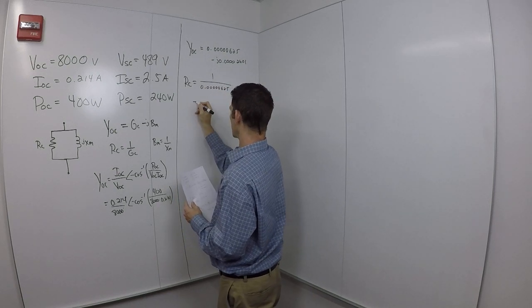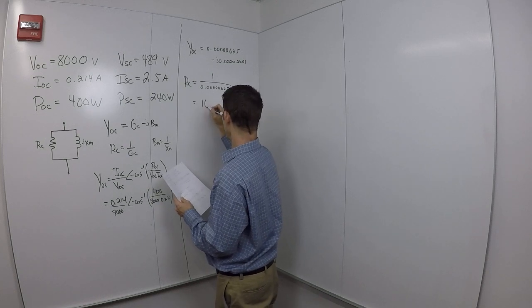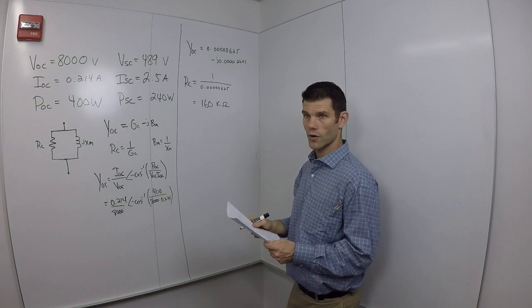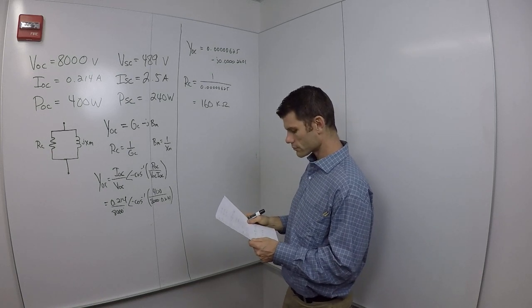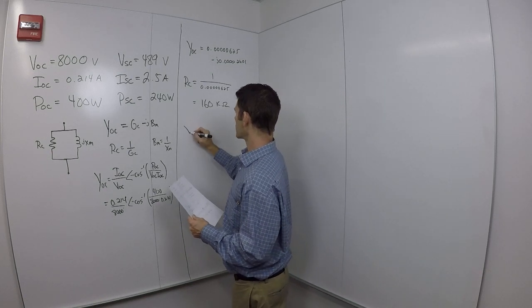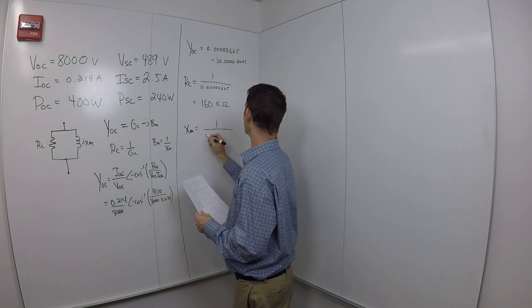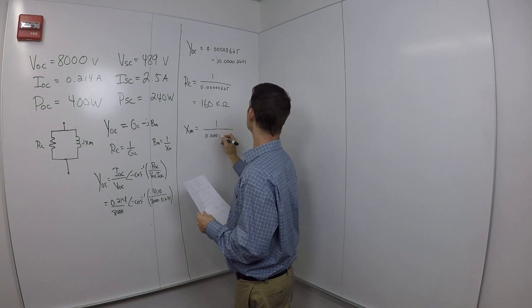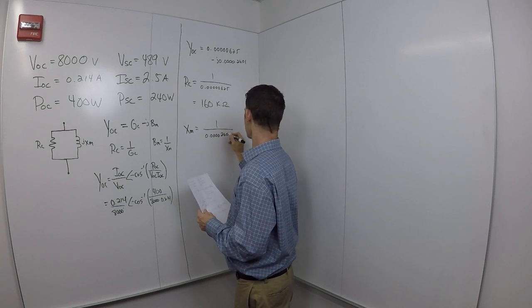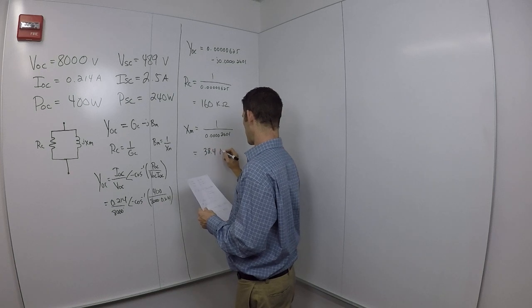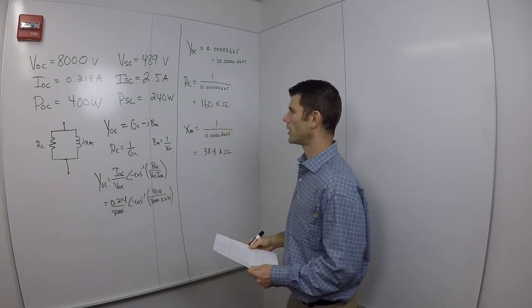And you'll see that it's a very large resistance, and we end up getting about 160 kilo ohms. Okay? For the susceptance, or the reactance, we divide 1 by the susceptance, and we get 38.4 kilo ohms reactive. Okay?